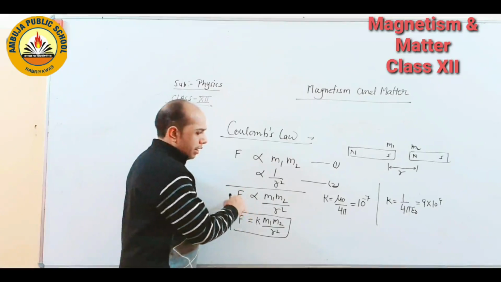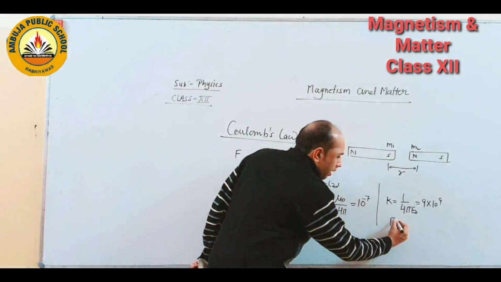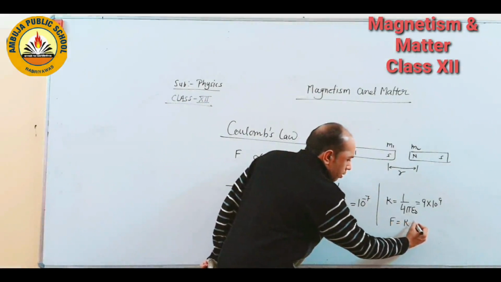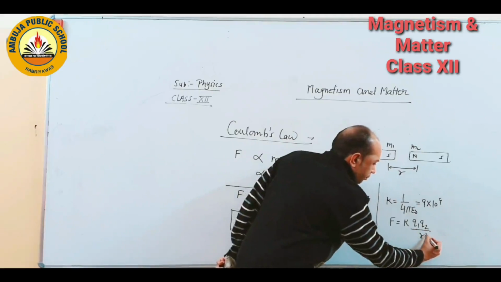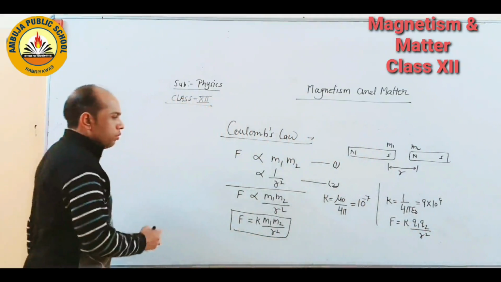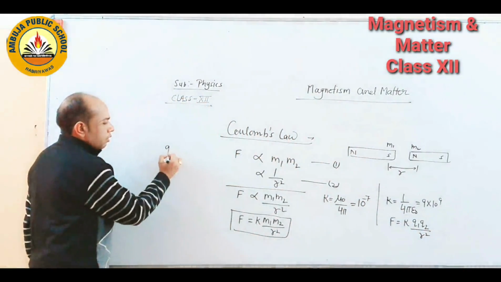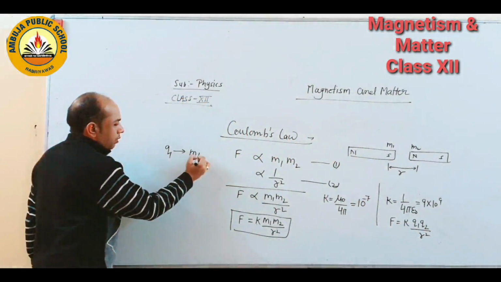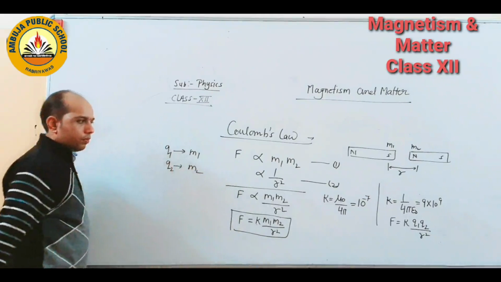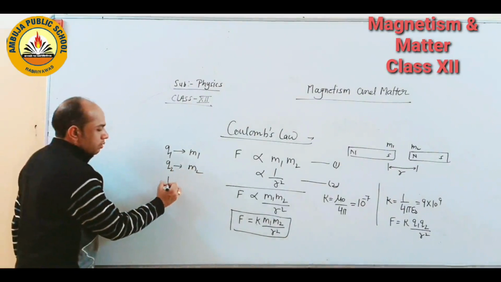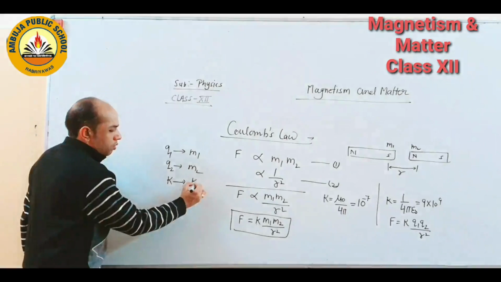In electrostatics, this identity is written as F is equal to K Q1 Q2 upon R square. So what we have to differentiate: Q1 is replaced by M1, Q2 is replaced by M2, and the difference is in the constant also.